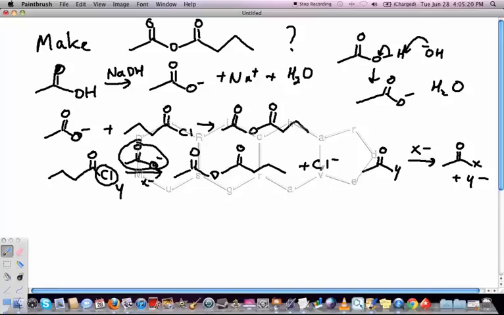And then you can see that this is going to be the X group. I'll put R's here just so we don't get confused. And then you can see how else this comes out, and the Y minus will be the Cl minus over here. Alright, so let's see how that works for the mechanism.